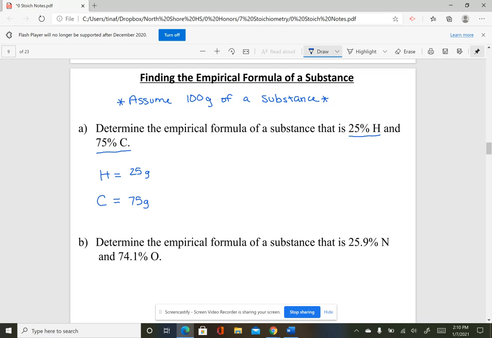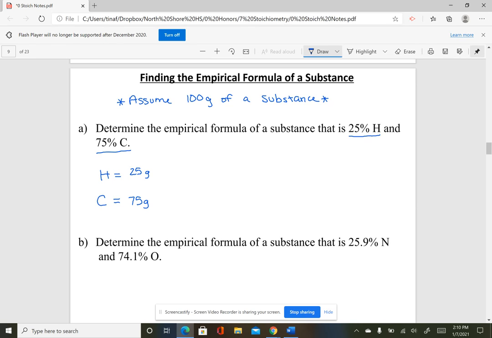Now, the subscripts in a compound, those little numbers, stand for moles of atoms. Like in carbon dioxide, if I have 1 mole of carbon dioxide, I have 2 moles of oxygen atoms in that sample. That's what those numbers stand for.